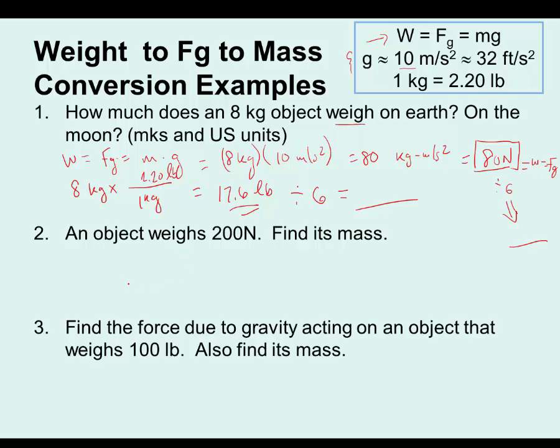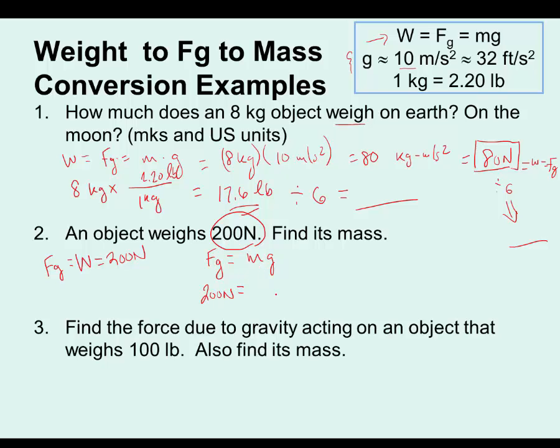So let's take a look at example number 2. An object weighs 200 newtons. So its weight is 200 newtons. Find its mass. By the way, its weight also is its force due to gravity. Same thing. Let's write down our equation. Force due to gravity, or weight, equals mass times gravity. I'm given our force due to gravity, so I'll plug that in on the left side.